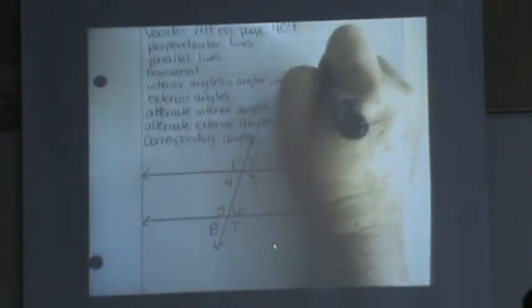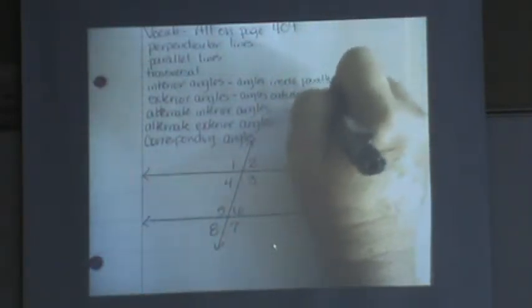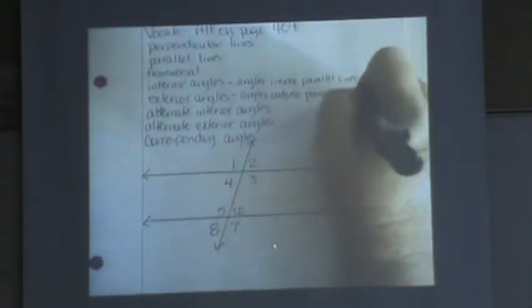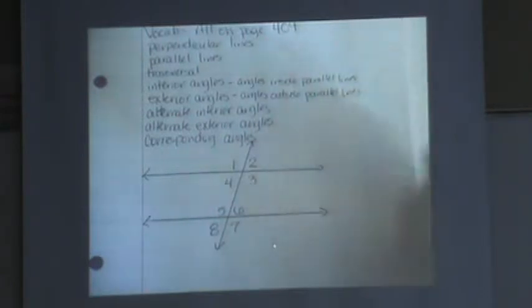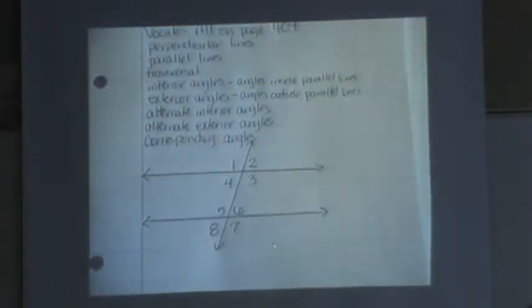Correct. And as you said, the angles outside the parallel lines are called exterior angles.